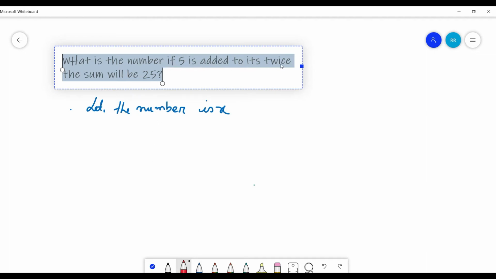If 5 is added to its twice, 5 is added, so you have to add 5. What does it mean? That means you have to add plus 5. To its twice, it means twice of the number.